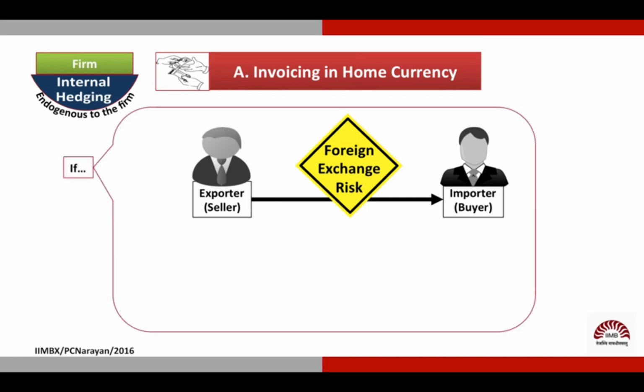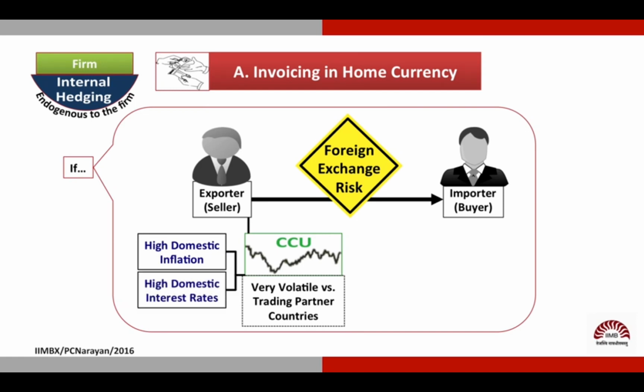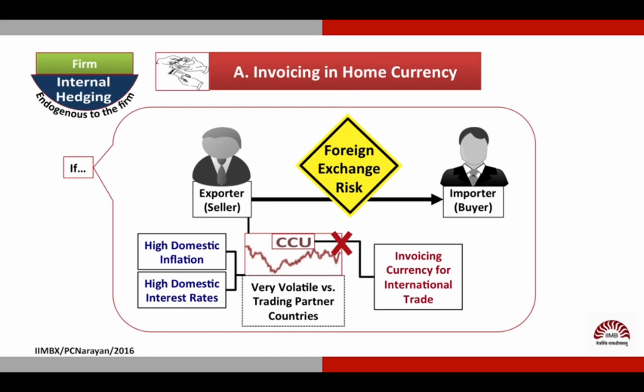One, if the domestic currency of the exporter, that is the seller, is very volatile vis-a-vis its trading partner countries, this could be due to factors such as high domestic inflation in the exporter's country and therefore interest rates in that country being very high. As a result, the country's currency is unlikely to be accepted as the invoicing currency for international trade.